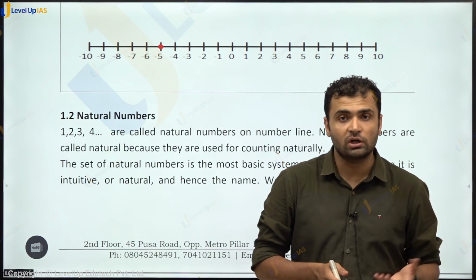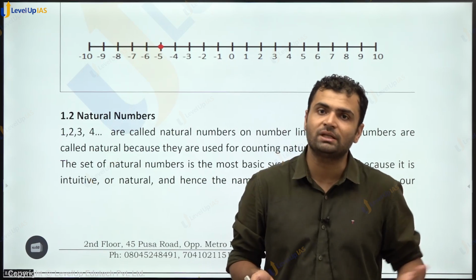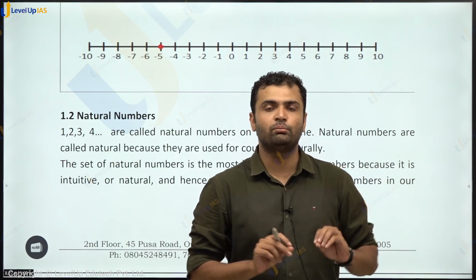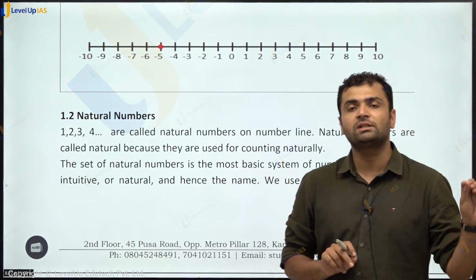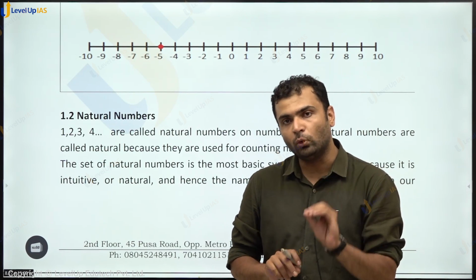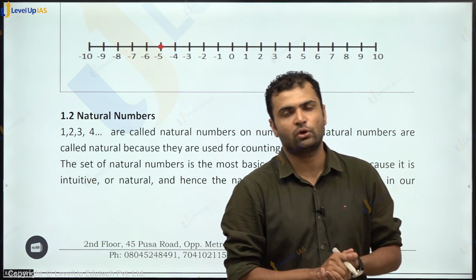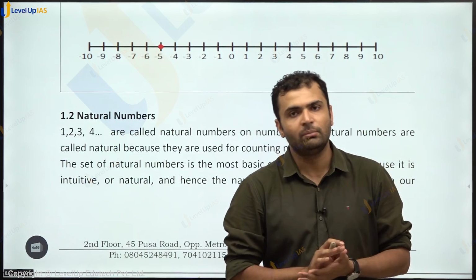If the question talks about integers, the answer might be different. If the question talks about natural numbers, the answer might be different. That is why it is important to be clear about what the question is exactly talking about. Is it talking about natural numbers? Is it talking about whole numbers or integers or rational numbers? These terms become important.